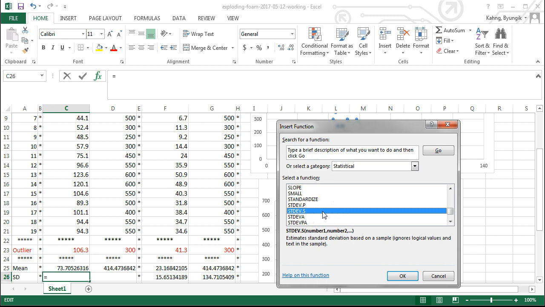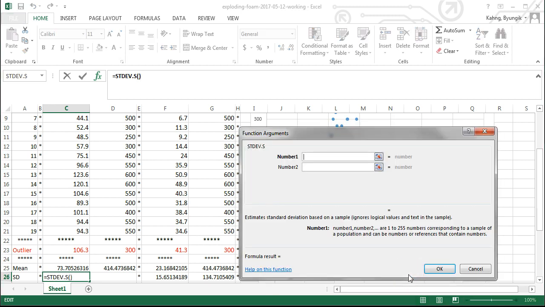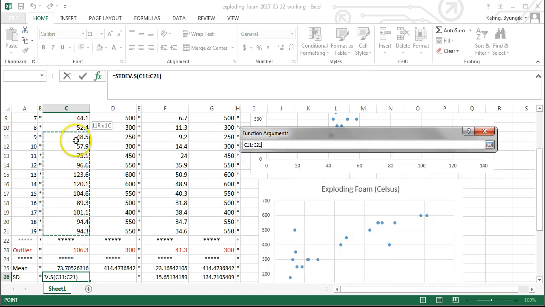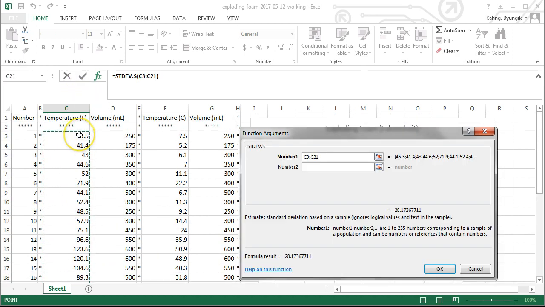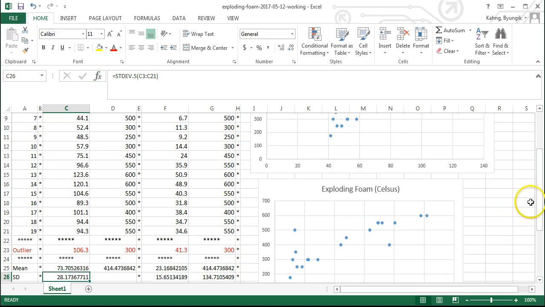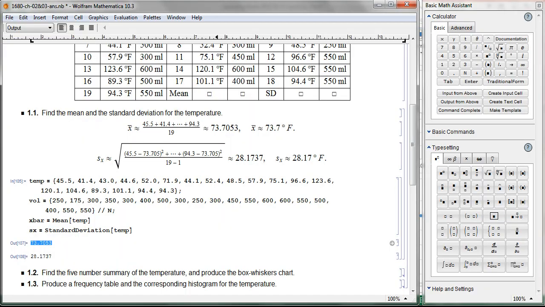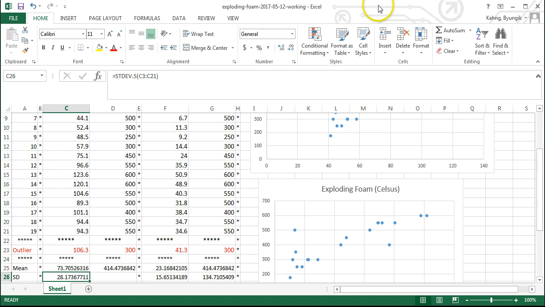So standard deviation.s, sample standard deviation, is the only standard deviation we use in a 1000 level math course here. Select that. Now you have to select your data set. Use your mouse to select your data set and click enter or OK. And there you go. 28.17 something. Is that right? 28.17. Yes, it fits. Cannot be coincidence.